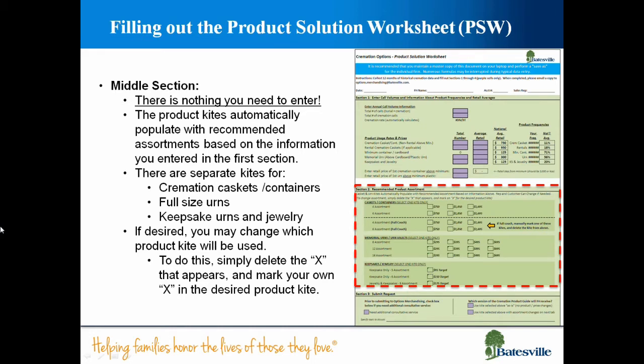Those are calculated based on current average retail sale from the account and the amount of call volume. If you are not in agreement with the assortment that was selected for the account, you can simply delete the X that appears in the cell and then mark the X in the assortment that you would like.